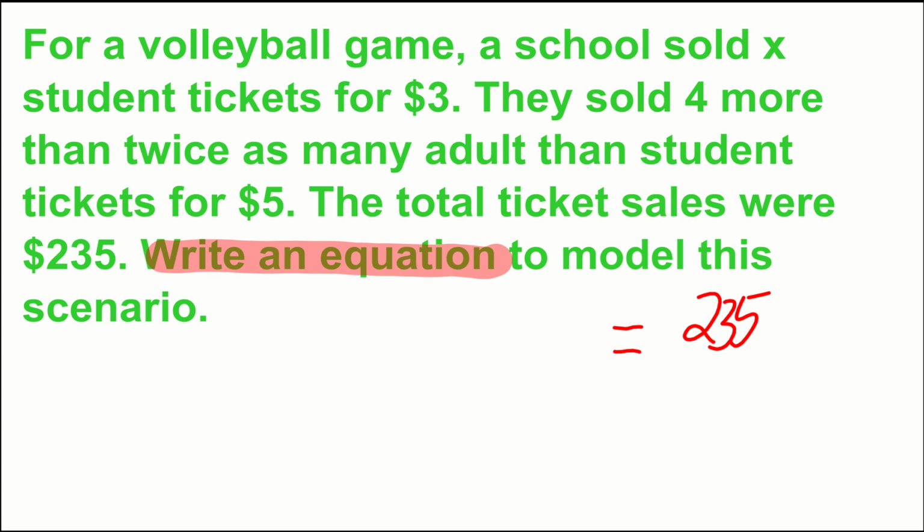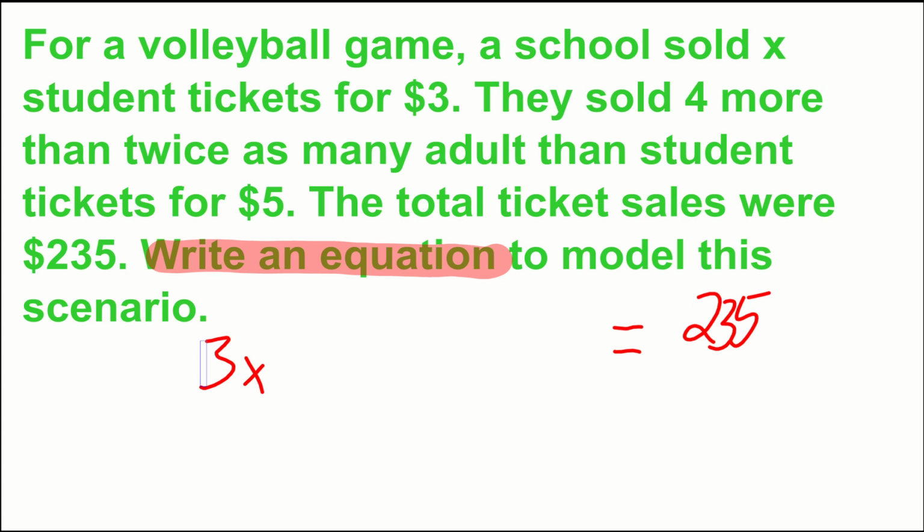How many student tickets do they sell? X. Yeah, literally says there in the problem. And how much is each student ticket? $3. So to figure out the total cost on the student tickets, you would multiply 3 times X.